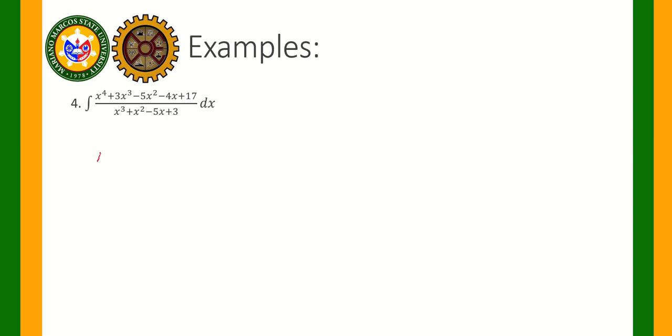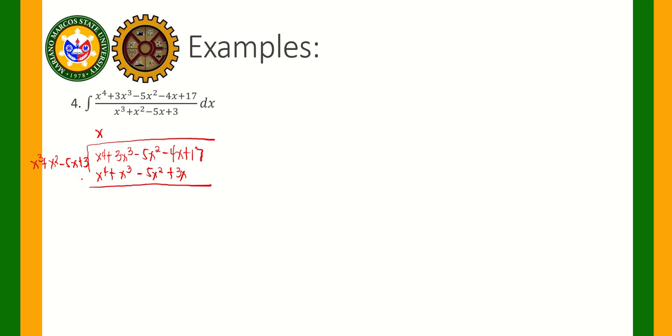We have x raised to 4 plus 3x cubed minus 5x squared minus 4x plus 17 divided by our denominator, x cubed plus x squared minus 5x plus 3. So, x raised to 4 divided by x cubed is equal to x. And then this will be equal to x raised to 4 plus x cubed minus 5x squared and then plus 3x.